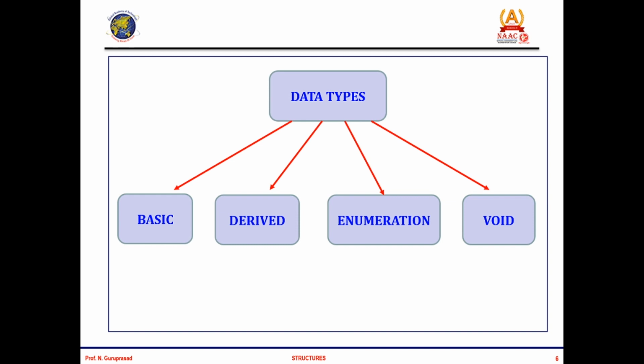I spell it out, E-N-U-M, enum. And void you have already come across in the functions topic. It is an empty data type that actually has no value. We use the void data type in functions when we don't want to return any value to the calling function, which you are already well versed about.